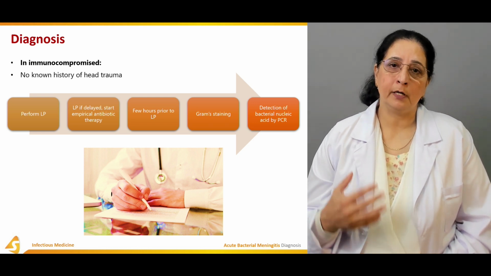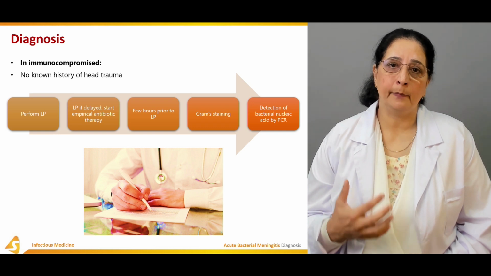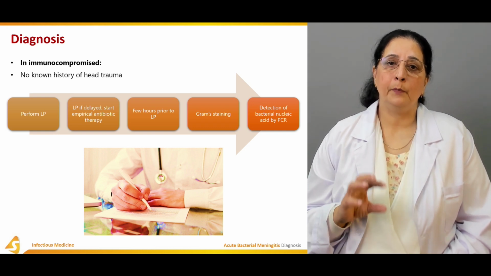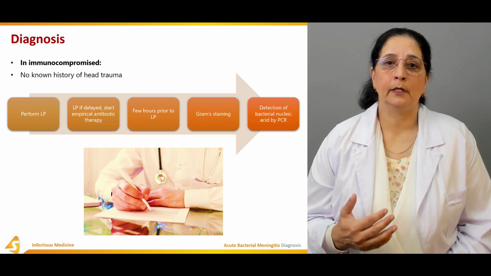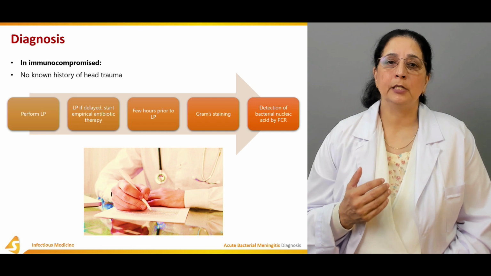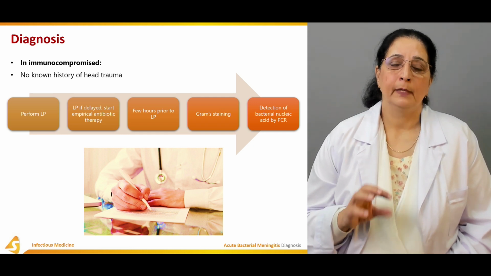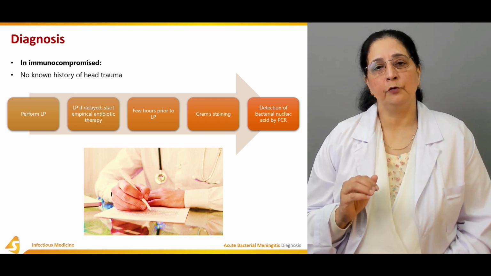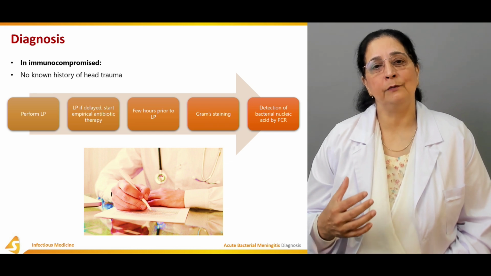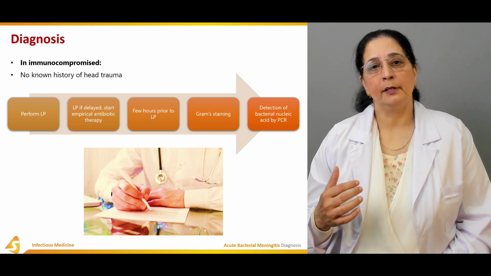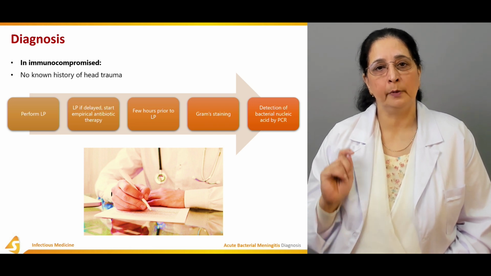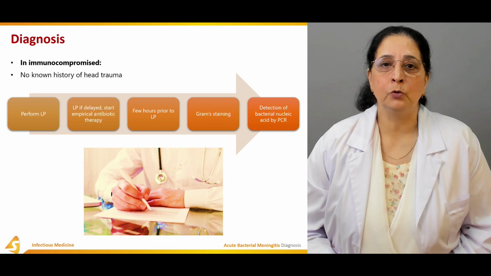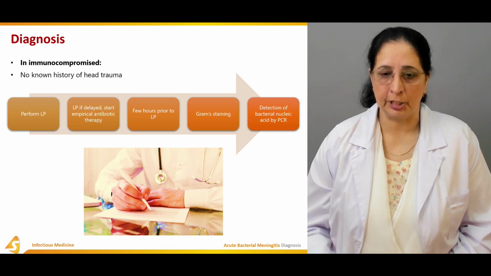So it's important that we should do the lumbar puncture, and if it is delayed, we can start the antibiotic therapy. Lumbar puncture is the procedure that is performed to remove the cerebrospinal fluid between lumbar 3 and lumbar 4. We use a long needle to bring the fluid out to examine it for different changes.